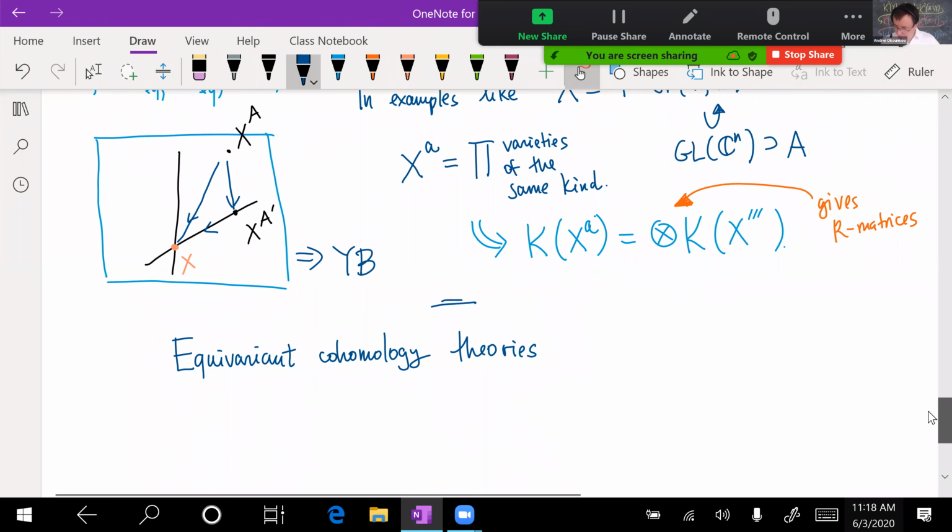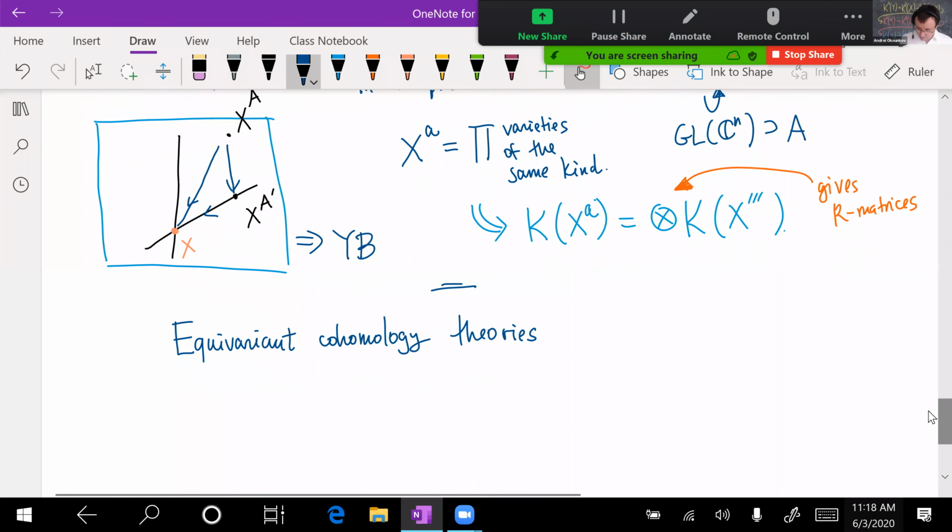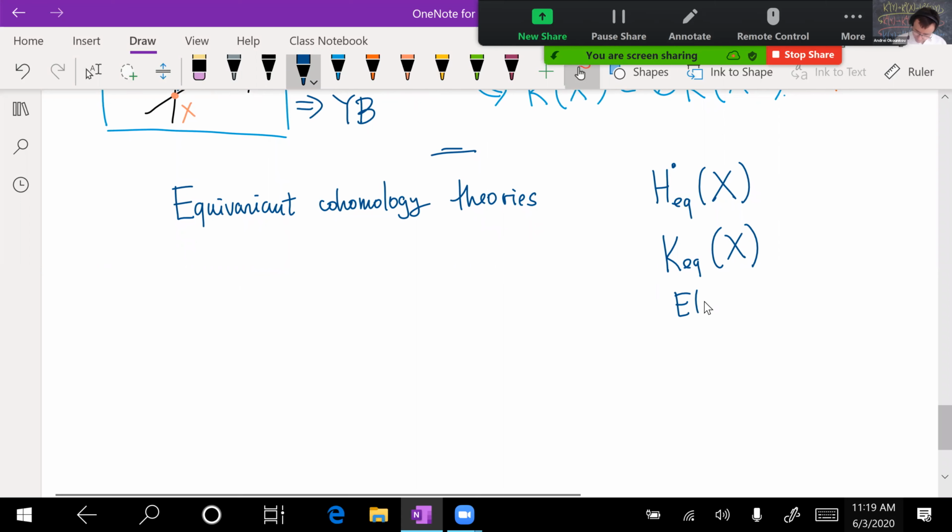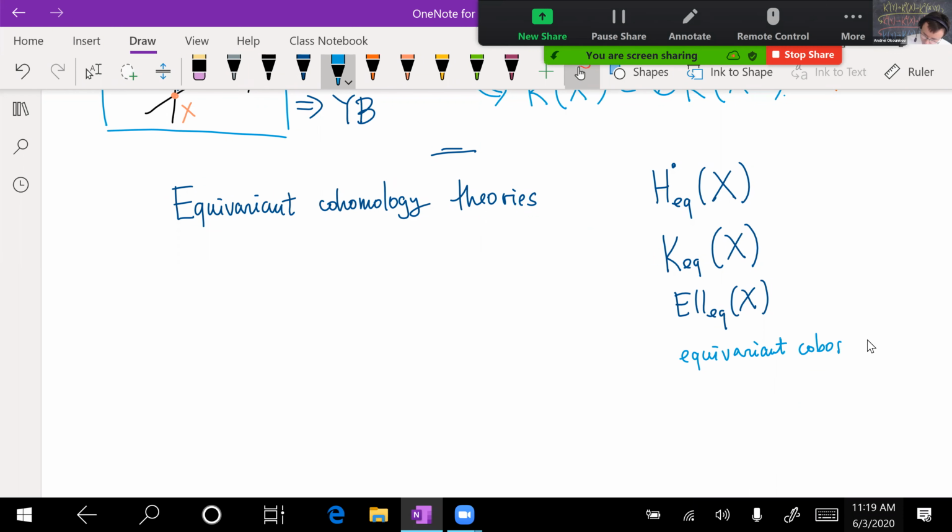The examples would be ordinary equivariant cohomology, then equivariant K theory, then equivariant elliptic cohomology, and in principle, there's a mother of them all. There is equivariant cobordism. This is the mother of all these theories.